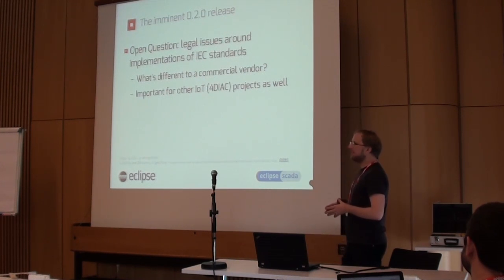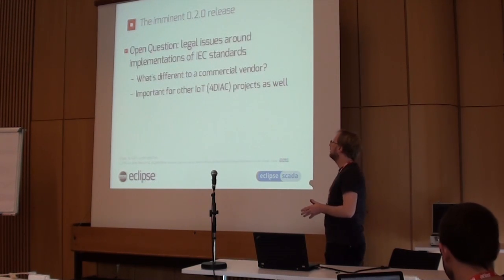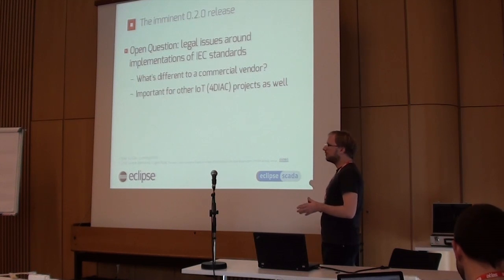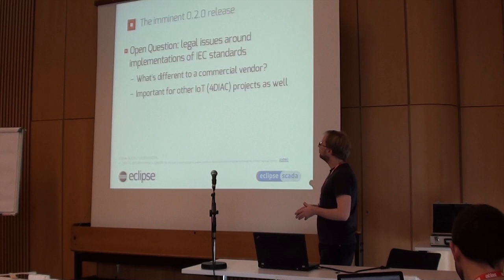The problem is that the IEC doesn't have a clear license policy about how open source projects can use their specifications. So I know that Mike Milinkovic is in contact with them, trying to get some statement about what the implications are if you want to use these standards as an open source project.